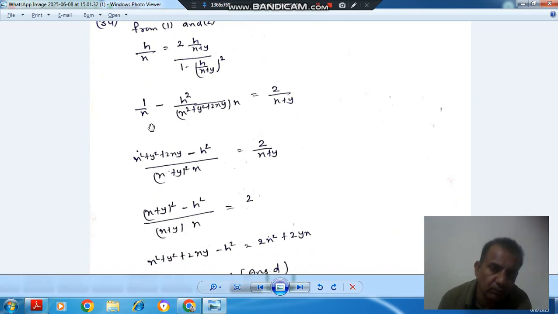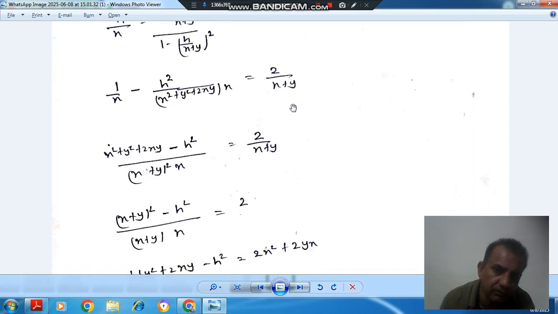So if we cross multiply, first of all we can cancel h, and then cross multiplying, it will be 1 by x is equal to h square divided by x square plus y square plus 2xy, and x multiplied here, and this will be 2 divided by x plus y.